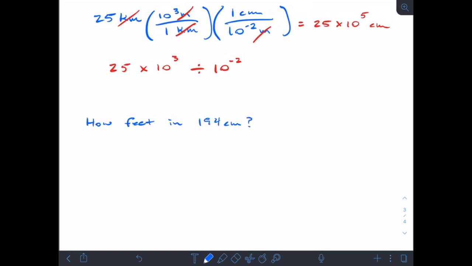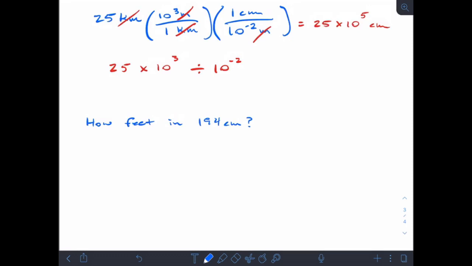Let's say you meet somebody from Europe who does everything in metric, and you ask them how tall they are, and they say, I'm 194 centimeters. Not likely, they're probably going to say 1.9 meters, but let's say they did. So we need relationships between feet and centimeters.